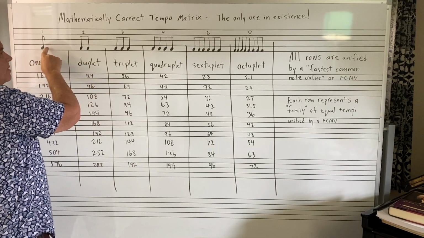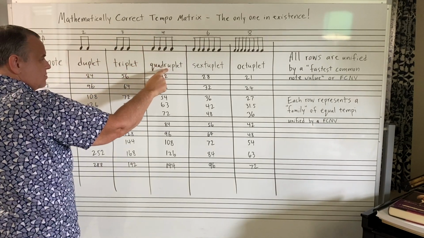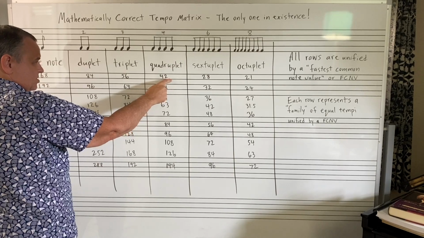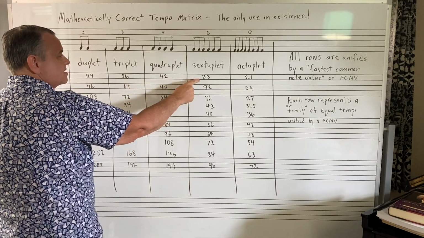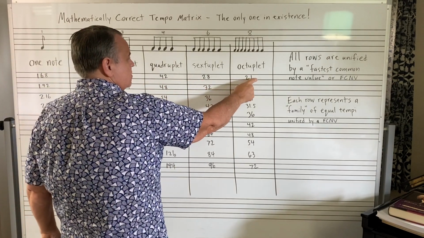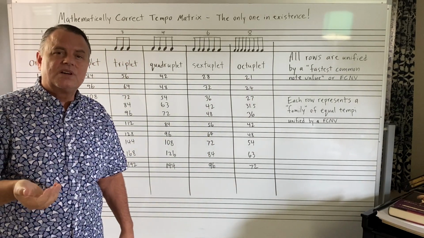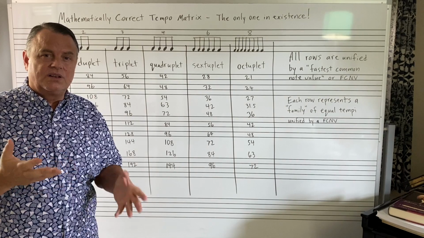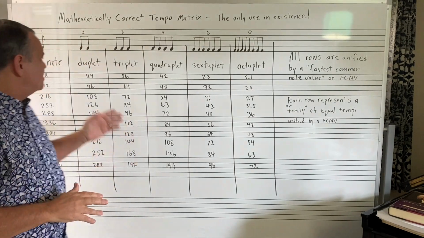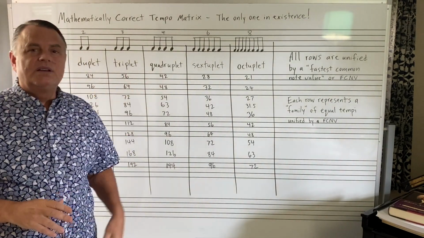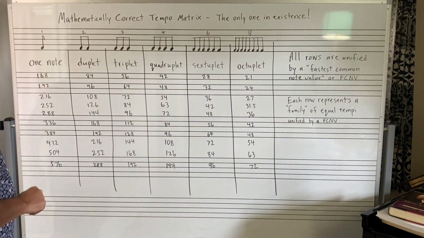If you group them by fours in quadruplets, you get 42, sextuplet 28, octuplet 21. I'm omitting the fives and sevens, quintuplets and septuplets, because those aren't found very often in music. I'm just dealing with the most common divisions of notes.